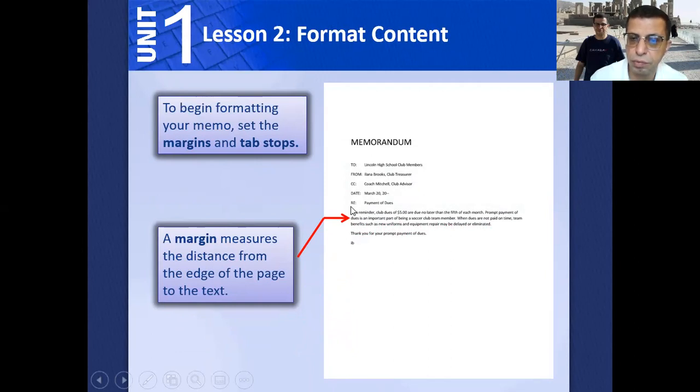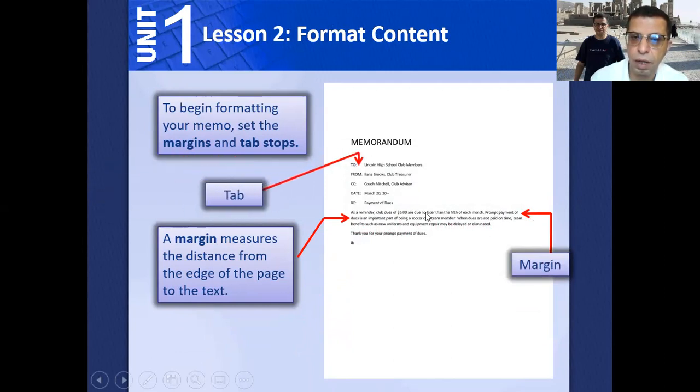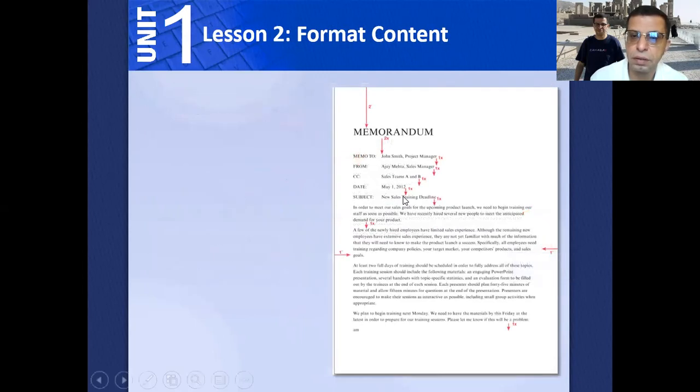That's the margin. It's the same on the other side. And the tab is the space you jump in when you press the tab key, to this side or that side.